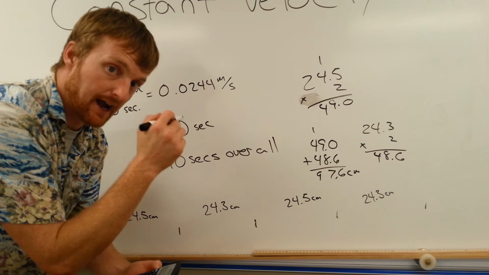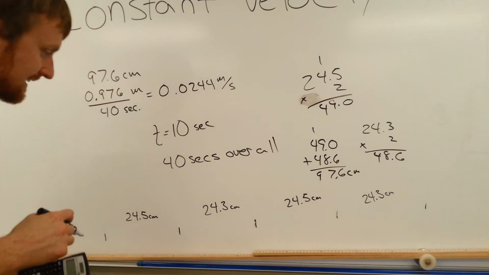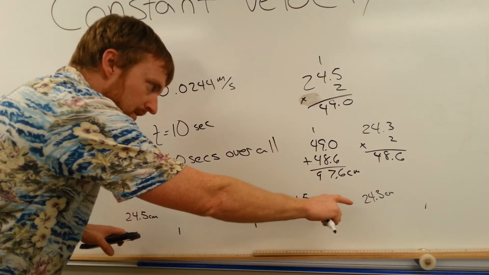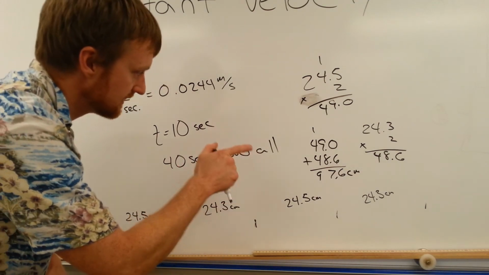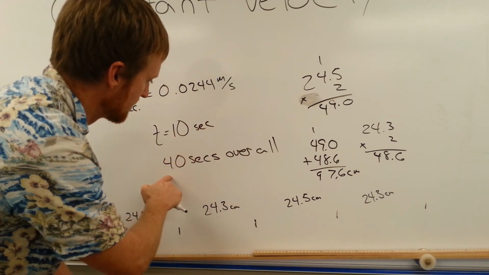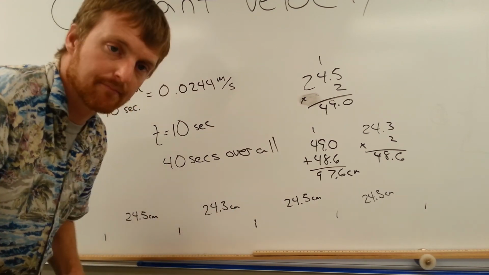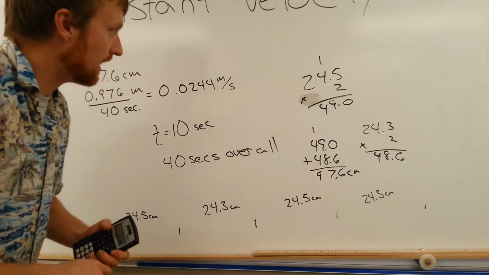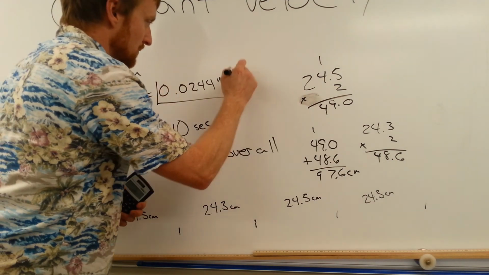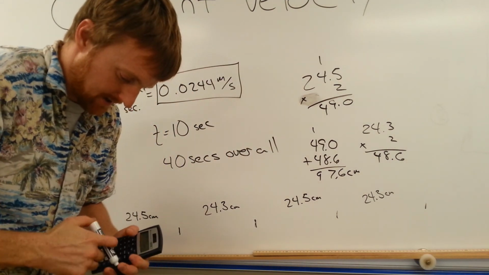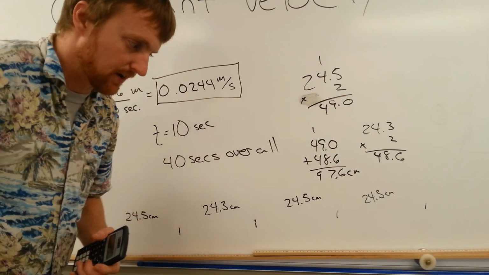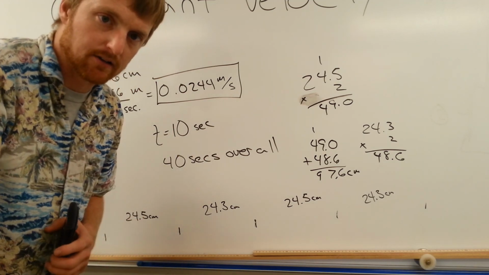That is our average speed by taking, again, the total distance traveled divided by the overall time of travel. Always box your answers. Thank you again, and this has been an example of constant velocity. Look forward to the next video.